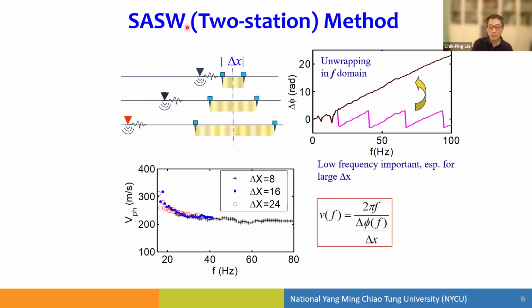And in the SASW approach, normally we consider near field effect and far field effect. So at a certain source to receiver offset spacing, for example, a short distance is better for high frequency, and a longer distance is better for lower frequency. So this is how we can characterize the phase velocity at different frequencies of the surface wave.